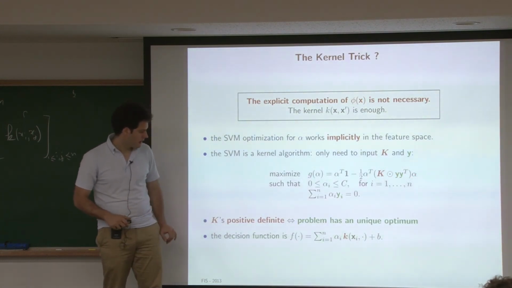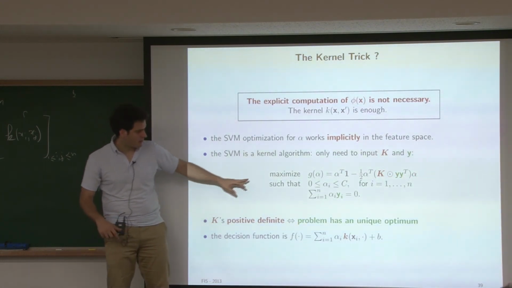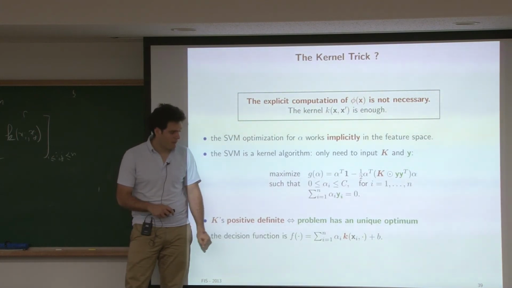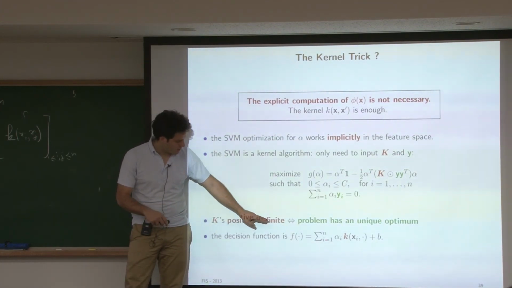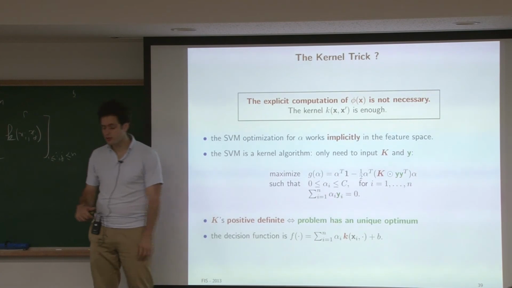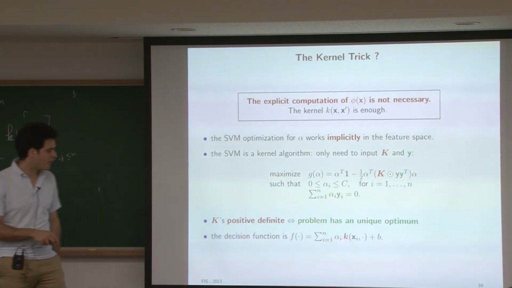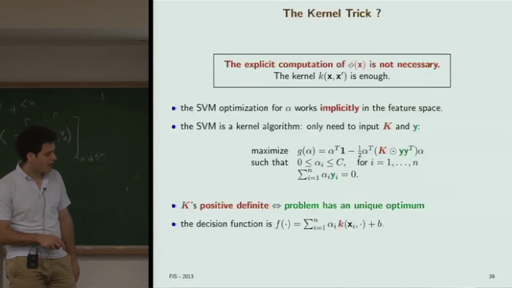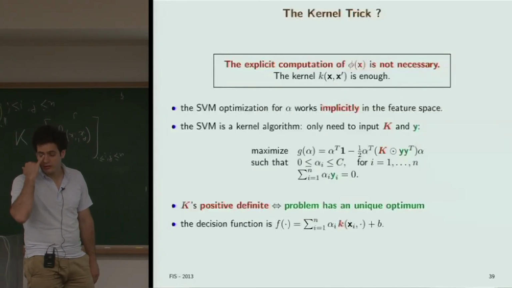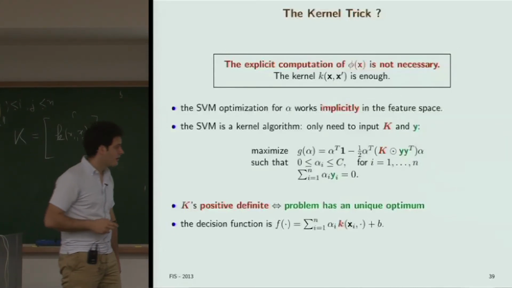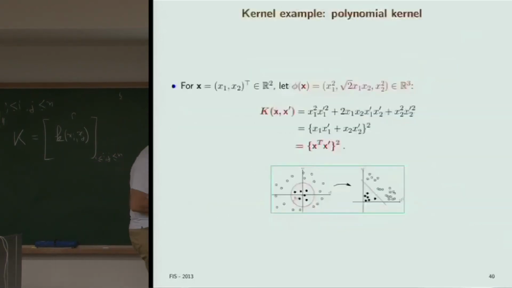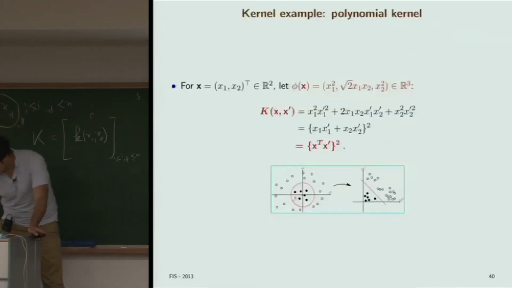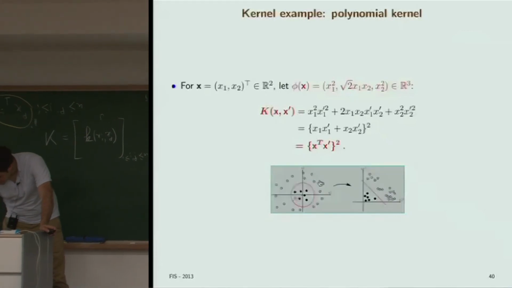And then once I have found the alpha star, I can compute the solution, and the solution will be the sum of alpha i, yi, sorry I forgot the yi here, k of xi times the new point that you see.